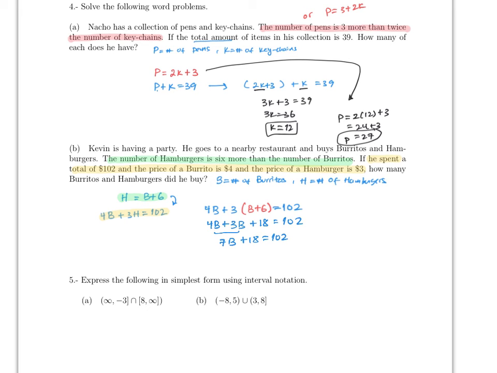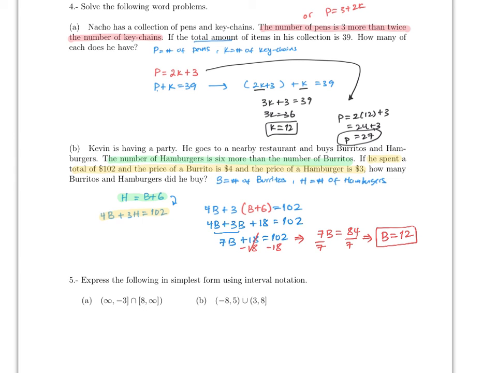Then subtract 18 from both sides, just like you do for any linear equation. So you have 7b is equal to 84. Then you divide by 7, it will give you the value for b, which is 12. So that means Kevin bought 12 burritos.